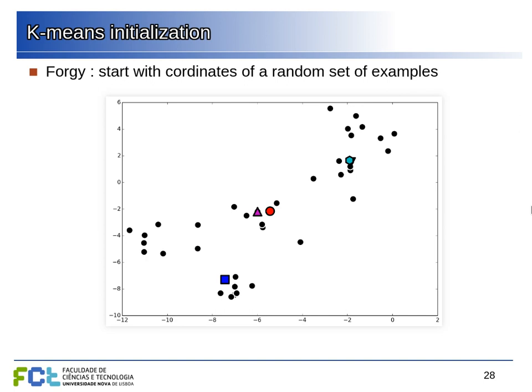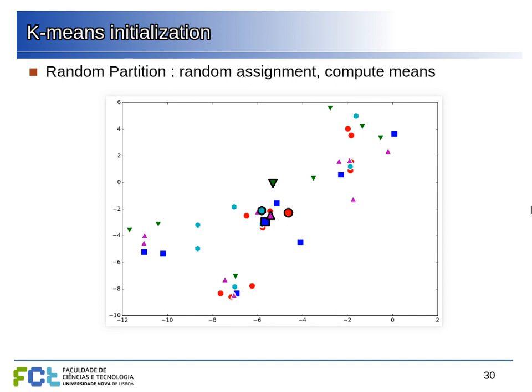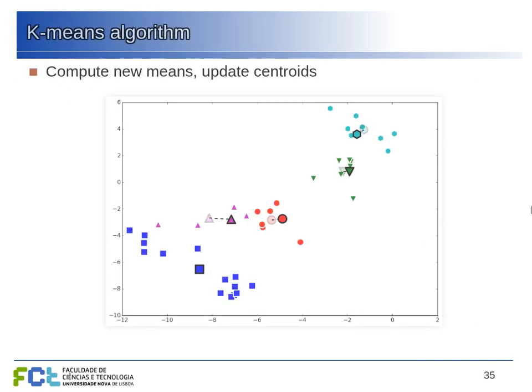If you use random partition, you assign each of your examples at random to one of the k clusters, so 5 in this case, and then you compute the midpoint of that group. So each example, in this case, was assigned at random to a different group, and then we have the centroid of those groups. So basically, I can just write this in code.